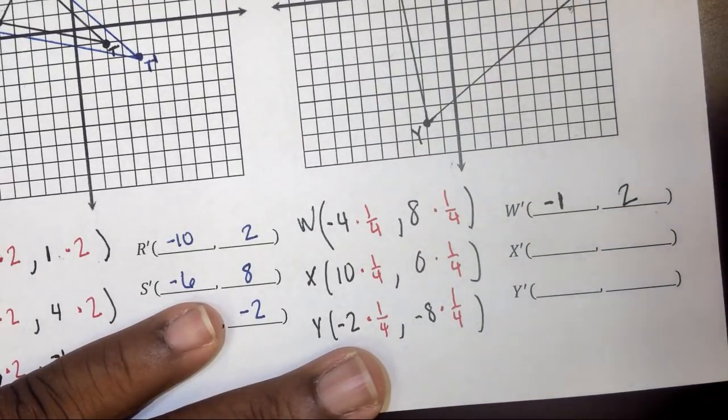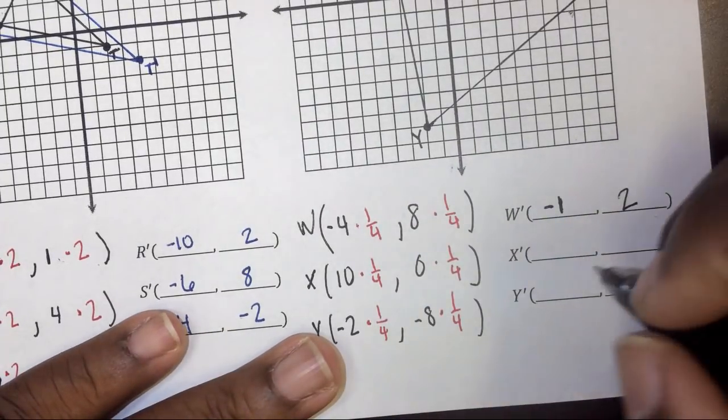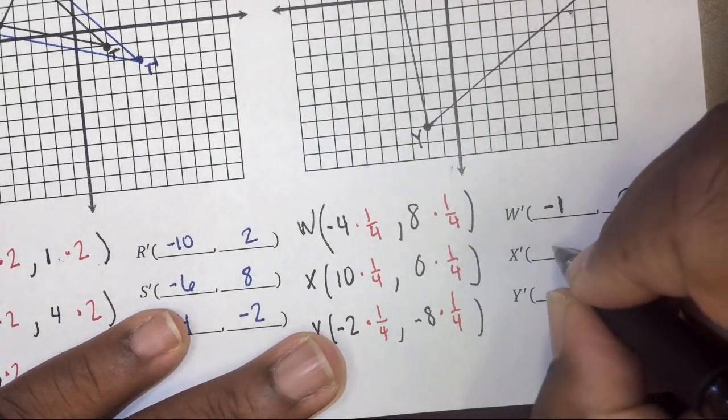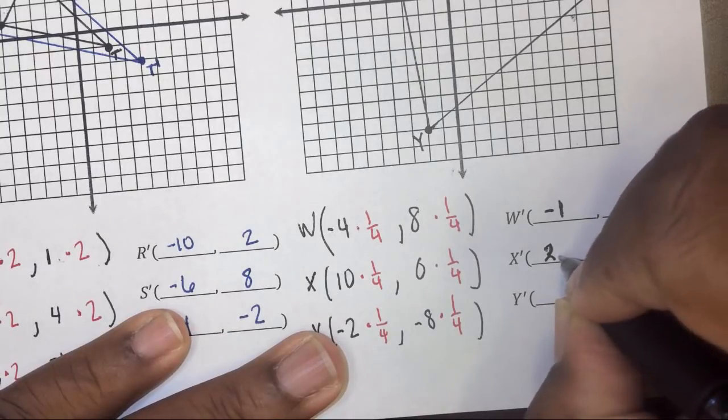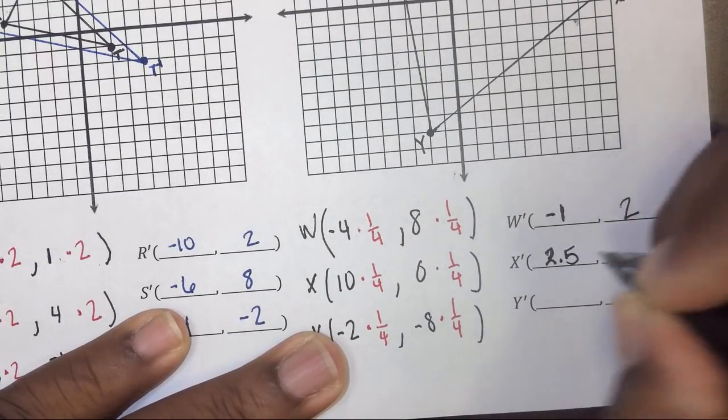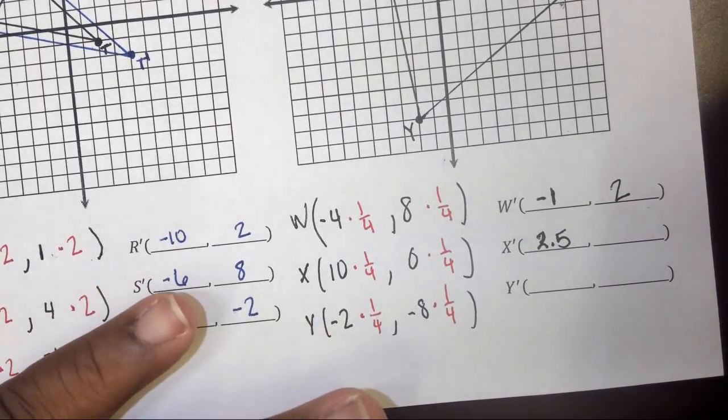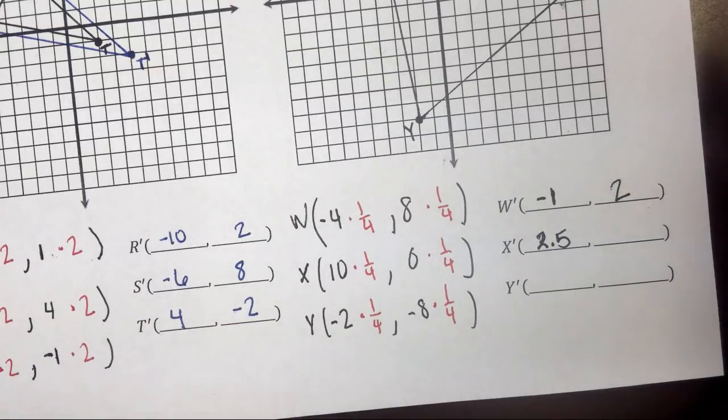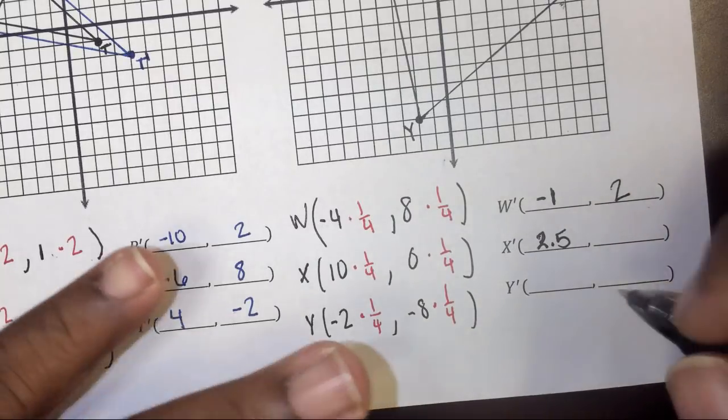Don't be scared. 10 divided by 4, you're going to get 2.5. Don't ever give me your scale factor as a decimal though. It doesn't need to be in decimal form. But if you're getting a point for the graph, that can be in decimal form.